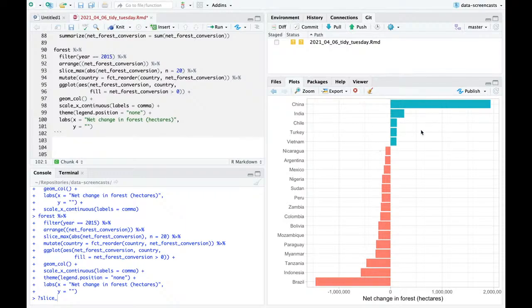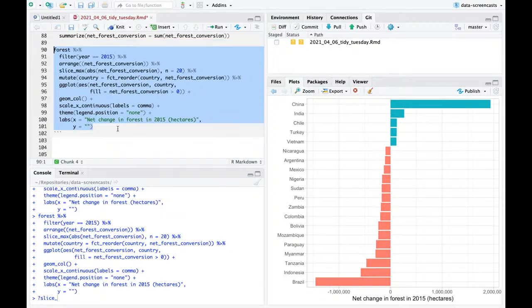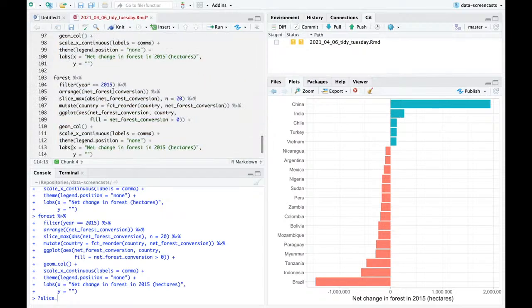So what we can see is in 2015, all right, this visualization shows what countries gained and lost forest in terms of total amount lost in this year. Now that's in 1 year. I might instead have wanted to do it across multiple.